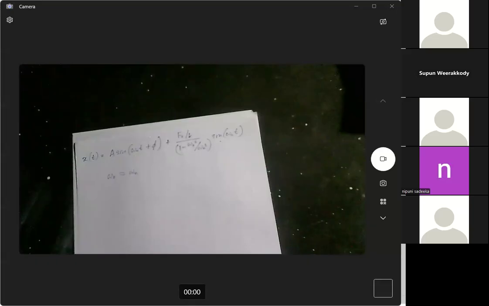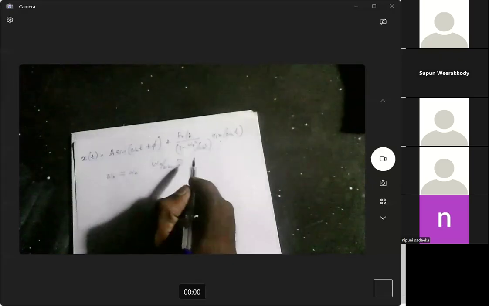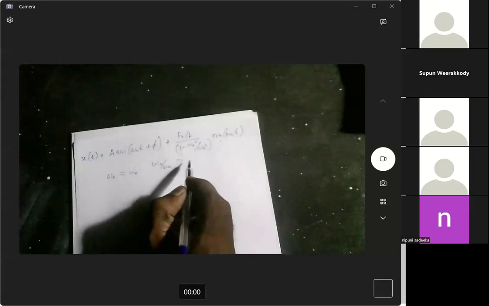When you have omega naught and omega n very close to each other, what happened to this ratio, omega naught over omega n? They are very close to what? 1.